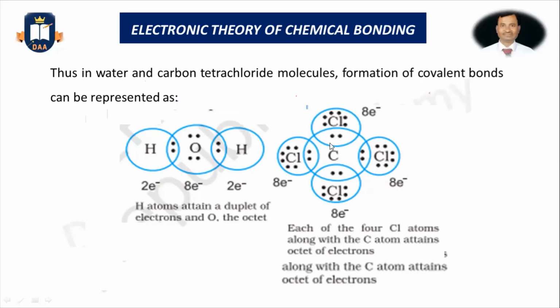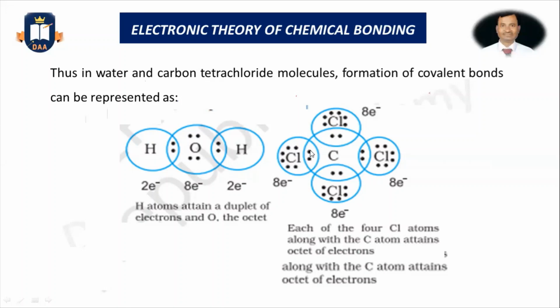If you consider carbon tetrachloride, CCl4, the carbon atom has 4 electrons in its outer shell, 1, 2, 3, 4, and each of these electrons is shared with one of the chlorine atoms. Chlorine has 7 electrons, 1, 2, 3, 4, 5, 6, and 1 electron which it has already shared.